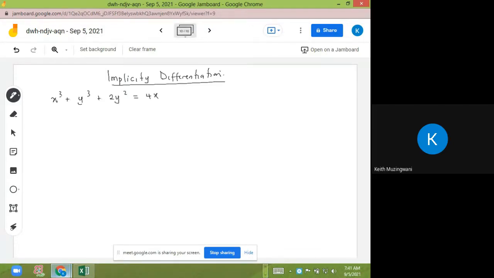The normal way is if they say find dy/dx, we must be able to express y as a function of x so that you can differentiate easily. But looking at this question, it looks like the hardest thing is to solve for y in this question. Very, very difficult.